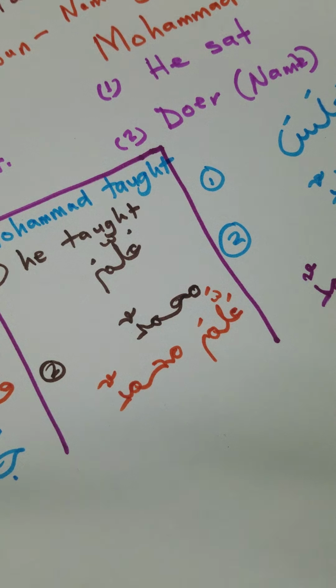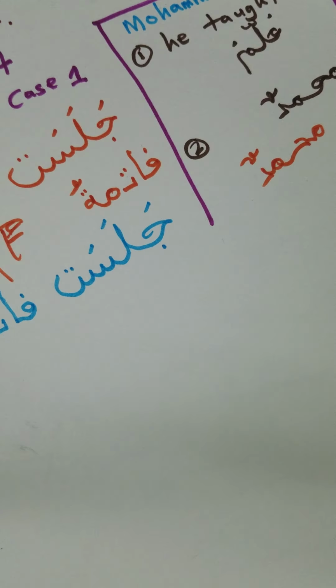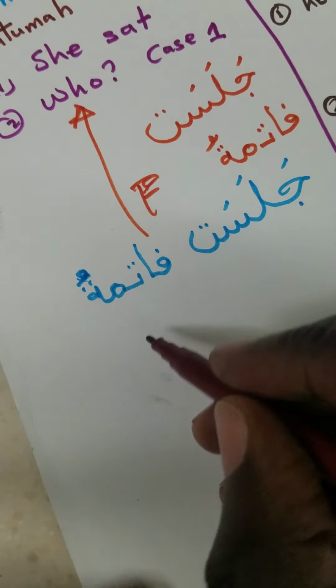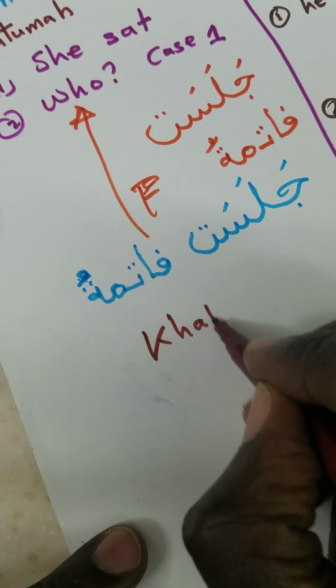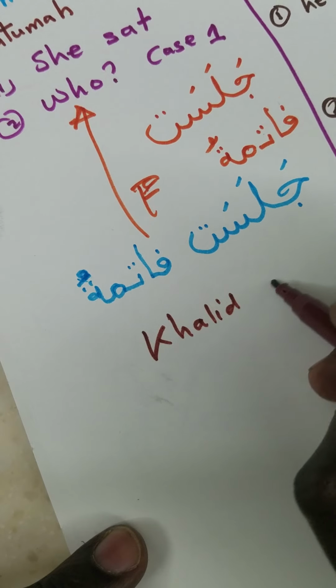In translating to Arabic, you'll have to first say, he fought, then you give the name. Okay? If you want to say, Khalid opened, I have to first say, he opened Khalid. So I think this is the logic I wanted you to pick from these brief examples. Like if someone say, Khalid opened.